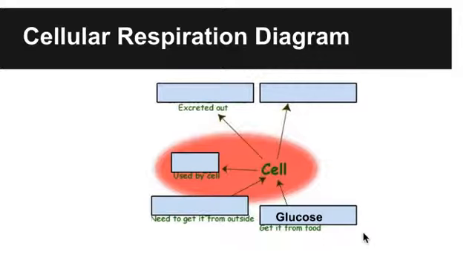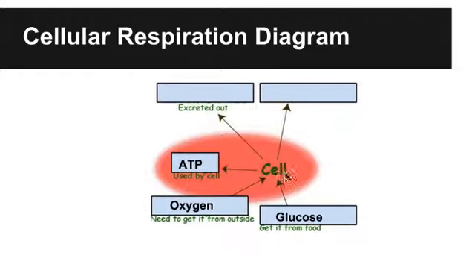We get our food and we break that food down and we have these glucose molecules, those rings of carbon and hydrogen and oxygen. Those go into the cell. We also take in oxygen from the outside. Animals breathe that oxygen in.